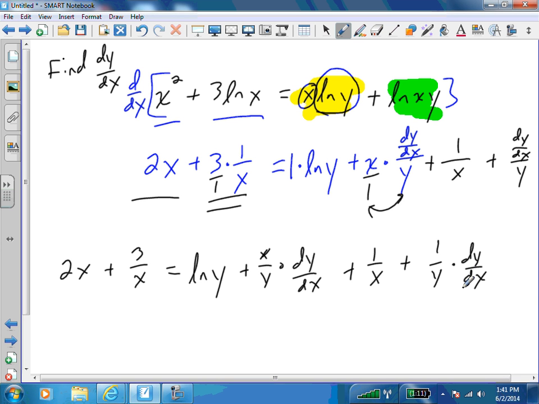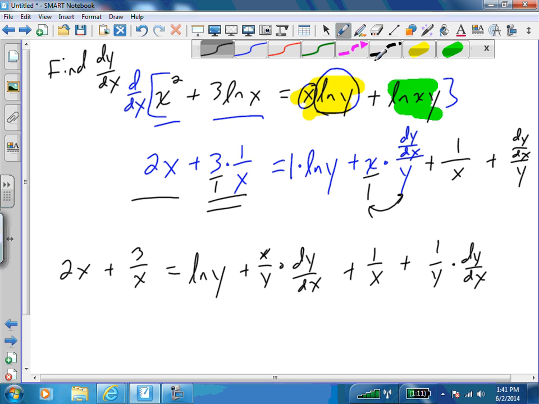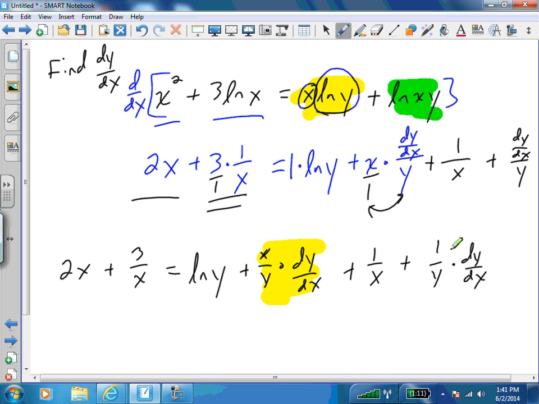Let's see, we want to get dy over dx by itself eventually, so what should we do next? Yeah, get all the dy over dx on one side. Now, we look at it, these are the only two terms that have dy over dx in them. So let's move everything else to the left side, leave dy over dx on the right side.